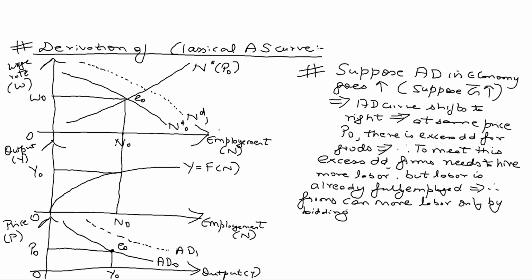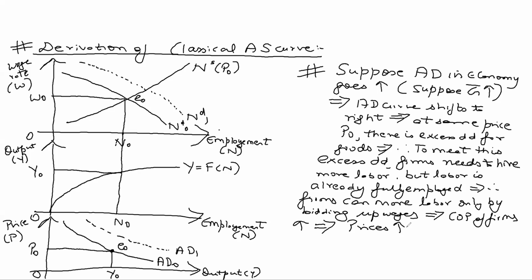When firms bid up the wages, what happens? Cost of production of the firms increases, because the wages which the firm is paying to the labor is the cost for the firm. So if the firm starts paying higher wages, cost of production of the firms increases, prices increase. When the cost of the firms will increase, to maintain profit margins, firms will also increase the prices.